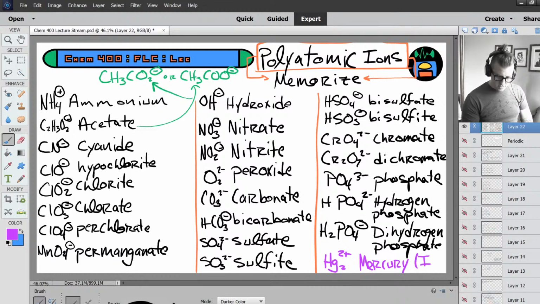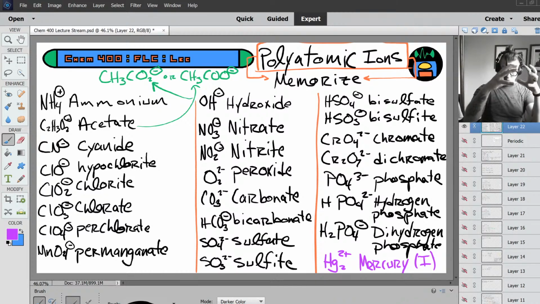This is the polyatomic ion mercury 1. Now, if you're going, why is it mercury 1? Because there's 2 mercuries. Well, remember, what goes in parentheses is its charge, right? It's the charge that's in the parentheses. And if your total polyatomic ion has a charge of 2, and there are 2 mercury ions in that polyatomic ion, that means that each individual mercury has a charge of positive 1, all right?